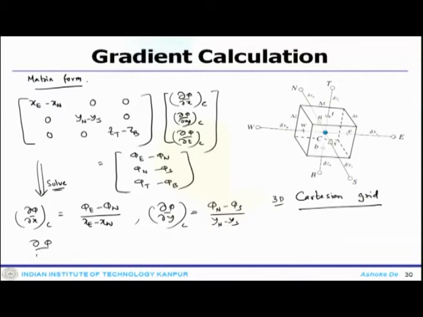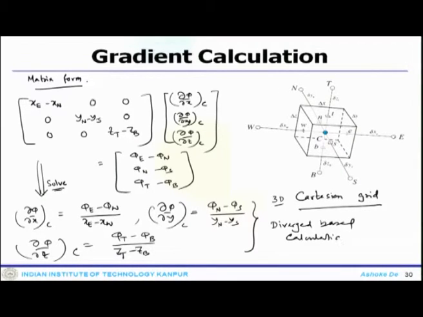And similarly, del phi by del z at c is phi t minus phi b by z t minus z b. Okay. So, these are exactly the values which you have obtained from the divergence based calculation. So, when we have done the divergence based calculation, we obtain exactly the same value.